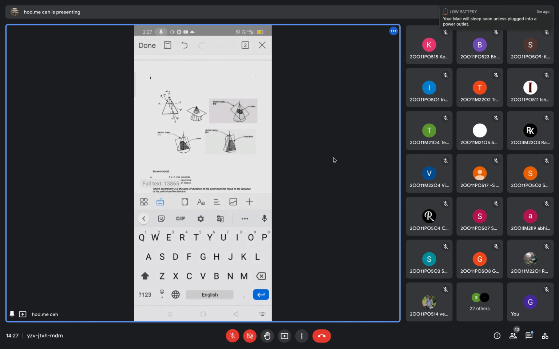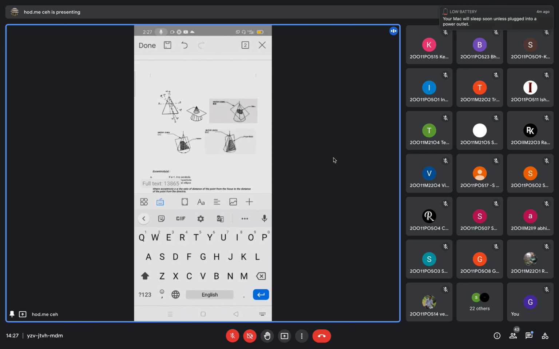The eccentricity E equals the distance of the moving point from the focus divided by the distance of the moving point from the directrix. These are called FM by AM, which is always constant. All of you write down this note. This point is very important.